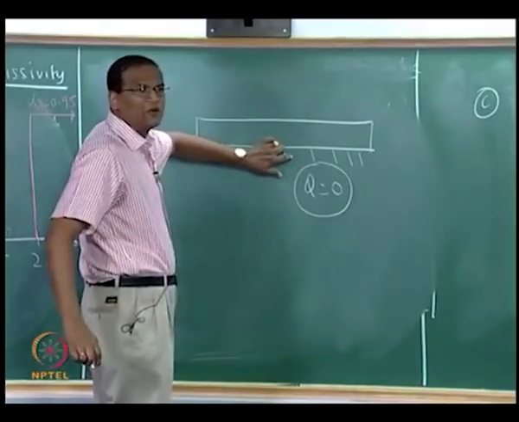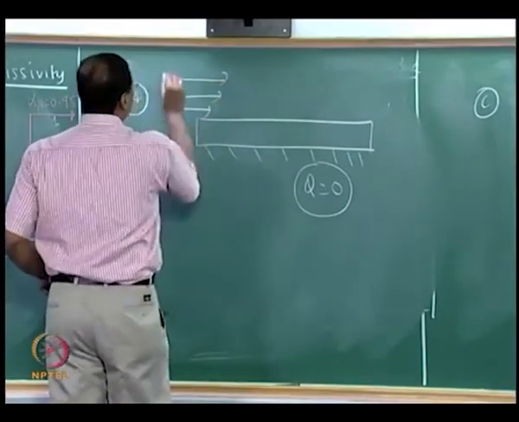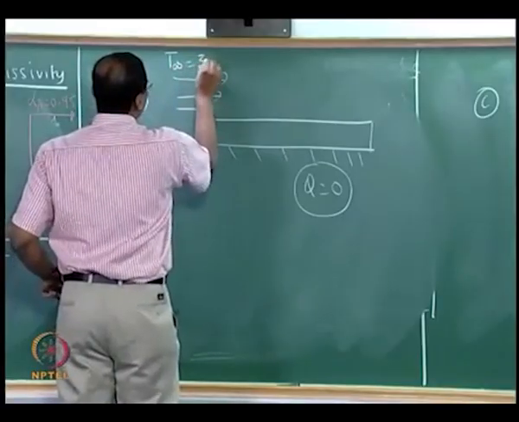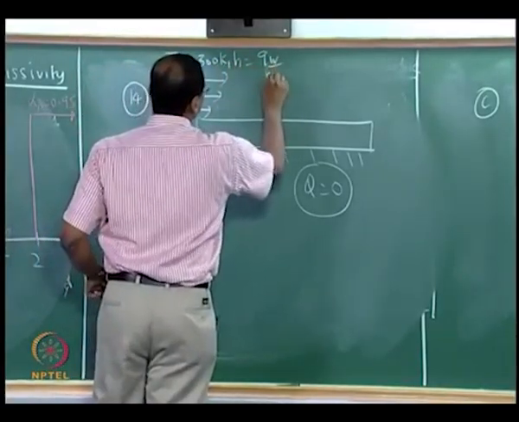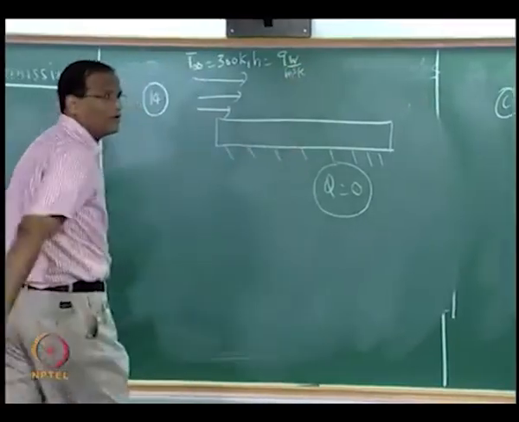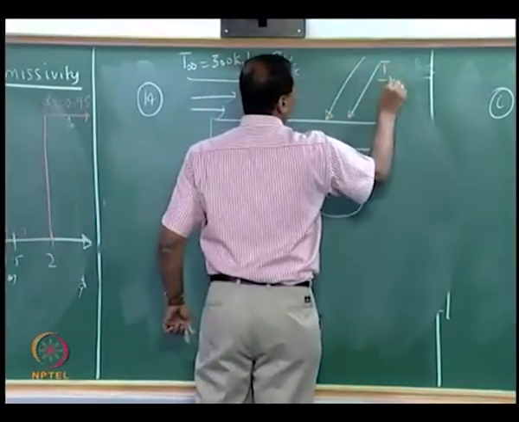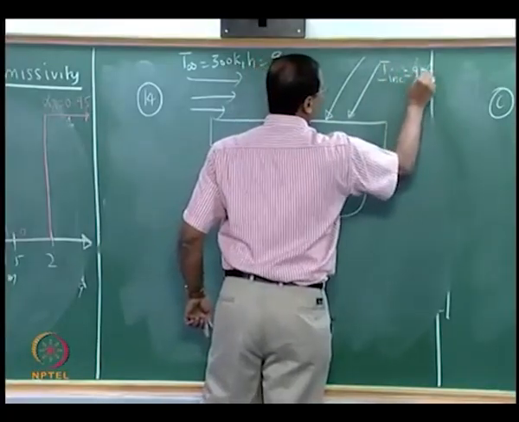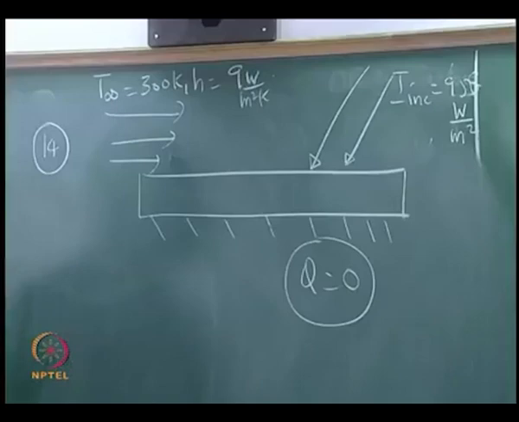Back side is insulated. Please look at the board. Here there is air which is flowing over it. T infinity is 300 Kelvin. Correct.